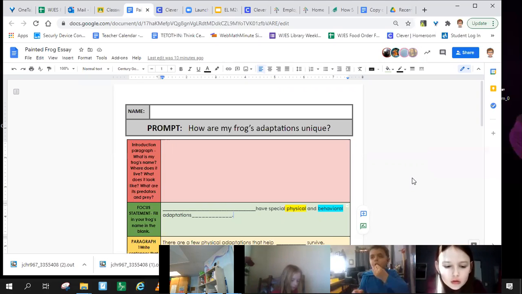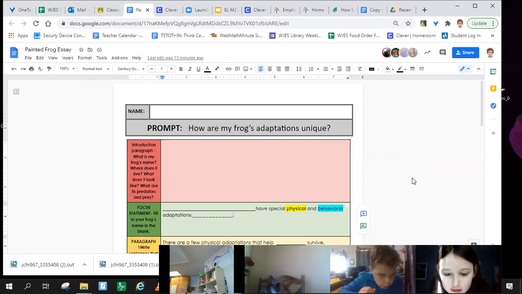Perfect. All right, so don't forget to do the green sentence. Is the green sentence already written for you? Yes. It's already on the top of page 121. We all wrote our focus statement already at the top. So all you have to do is make sure it matches in the green spot.